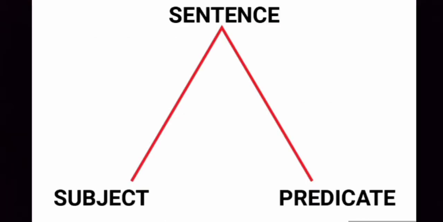So once again, a sentence has two parts, subject and predicate. A subject is that part of a sentence that names the person or thing about whom something is said. And a predicate is a word or a group of words that tells us something about the subject. I hope till here is understood.